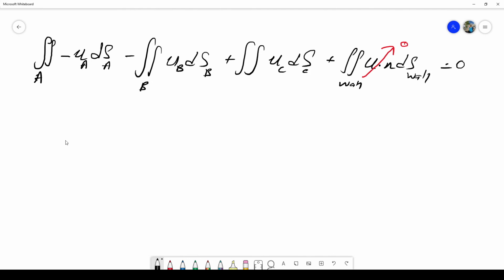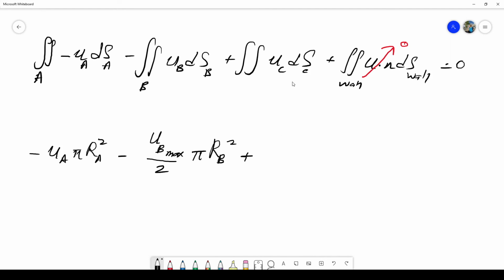From now we can solve the other integrations as well. That's for UB dS. Then for A we get UA pi RA square. We have the UB calculated just now, which is given by UB max divided by 2, so we have pi RB square.